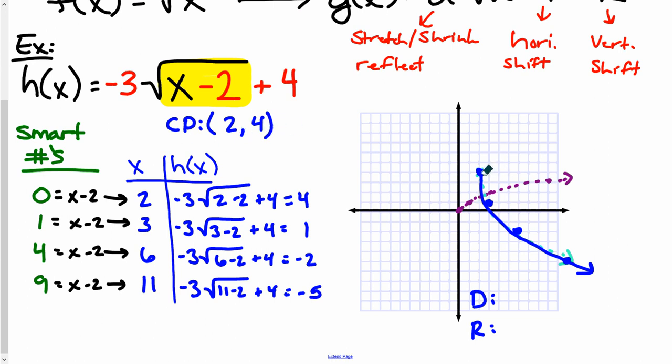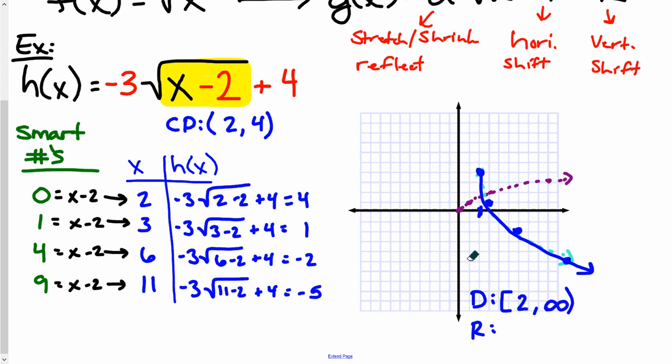I don't see any x values that are actually to the left of or more negative than 2. That's kind of the starting point on the x-axis. Okay, so the domain starts at 2, and it keeps going to 3, to 6, to 11. It could keep going all the way to infinity.